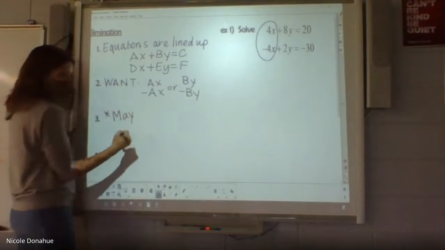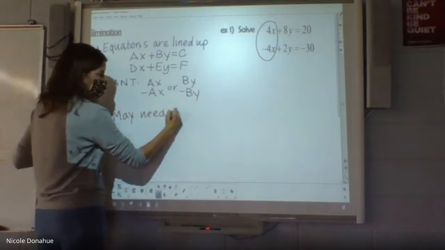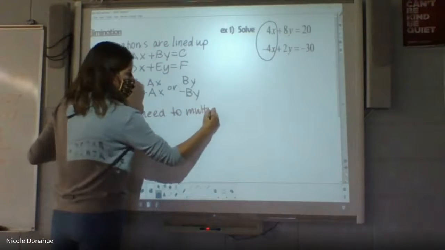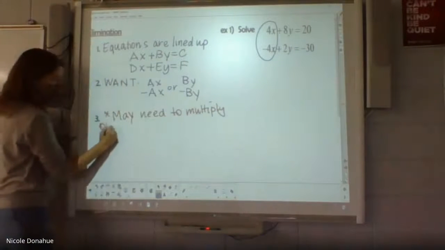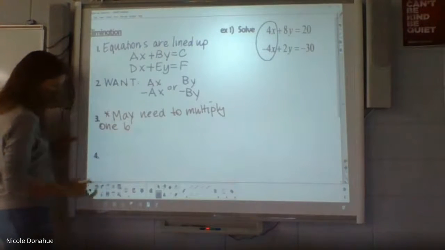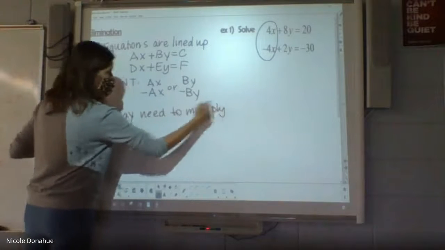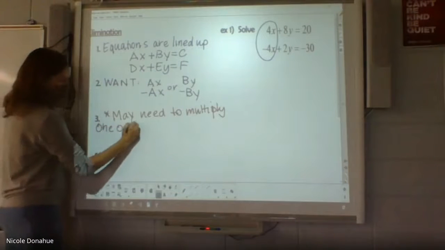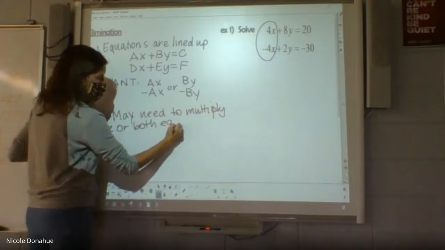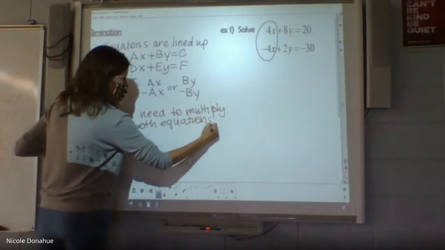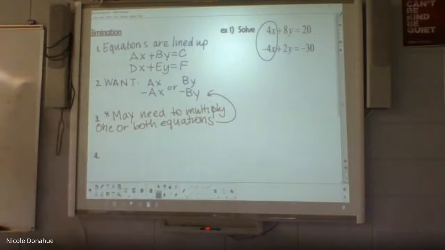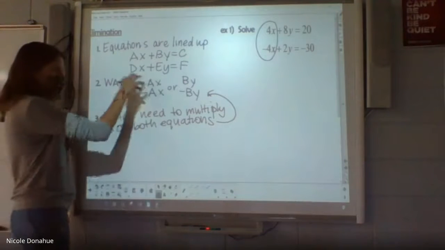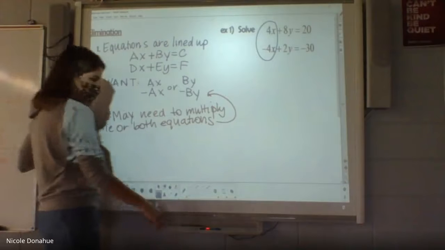We may need to multiply one or both equations to get this to happen. So you might have to change something about those equations to make that happen. If that's not what we have here, you might have to do that. That asterisk should probably be with step 2, sorry.